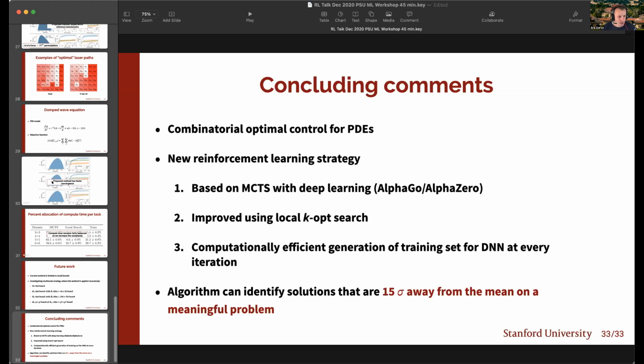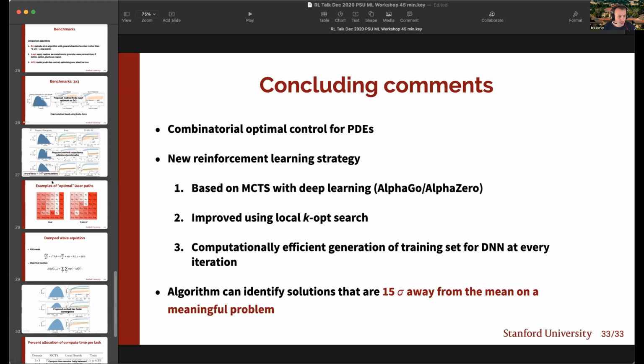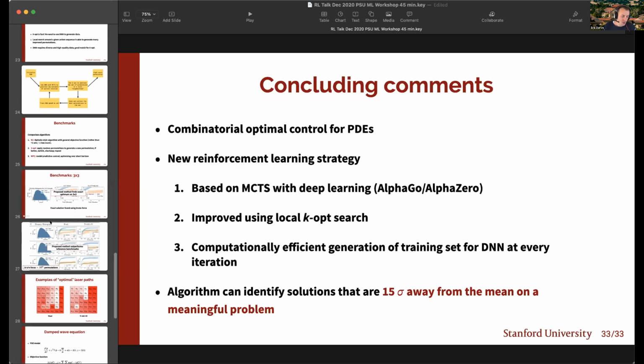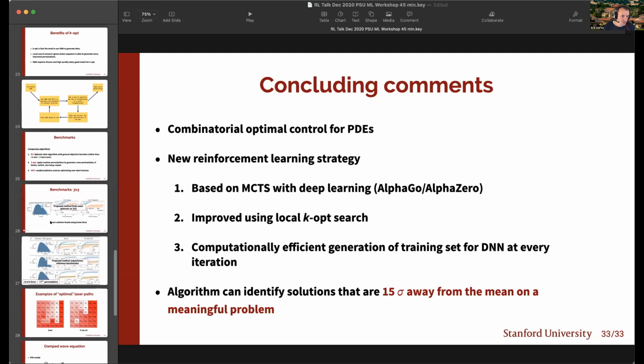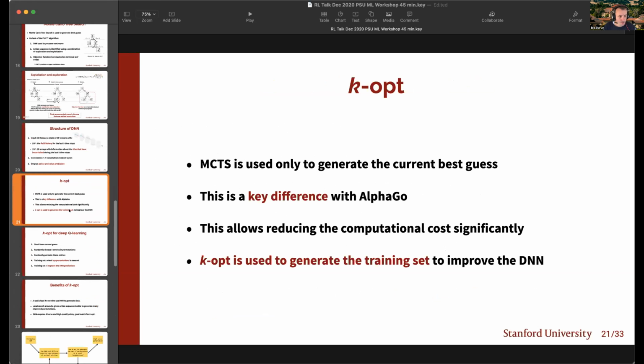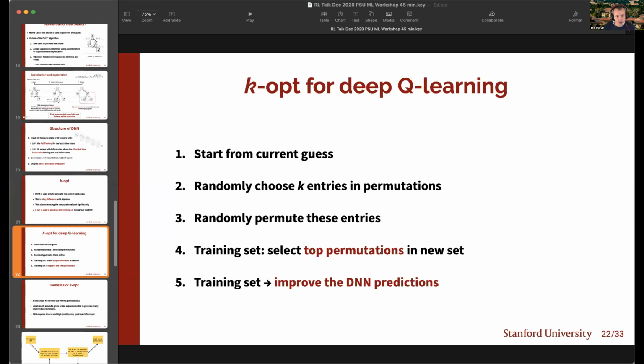So, good question. I didn't show that bit, but if you want, I can share the results from the paper. We did investigate different values. We optimized various hyperparameters, mostly this k value, and also, when we generate permutations using the k-opt algorithm, there is the question of what fraction of permutations you keep to create your training set.